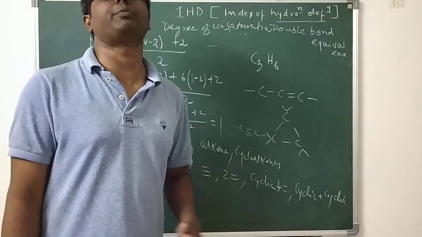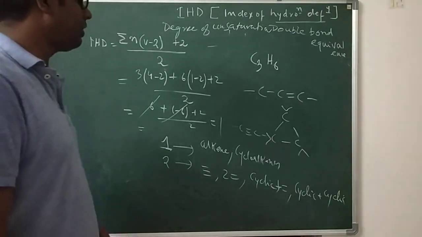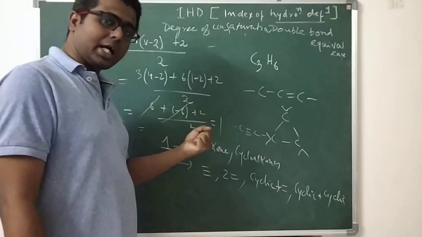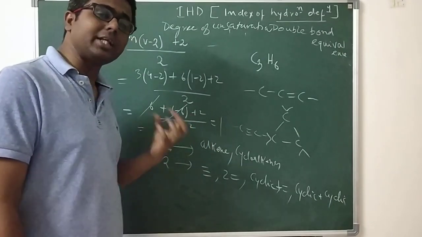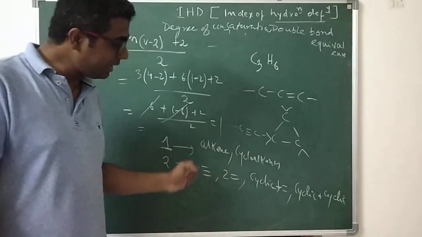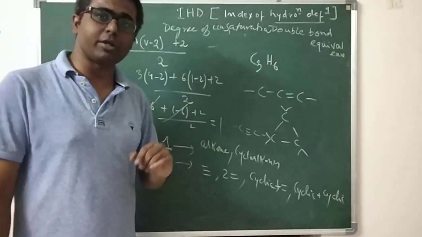So this is how I get an idea of what kind of IHD value is there, and by that I get the basic idea of how many isomers there will be, what the possible isomers are, or possible kind of bond arrangement in this molecular formula.